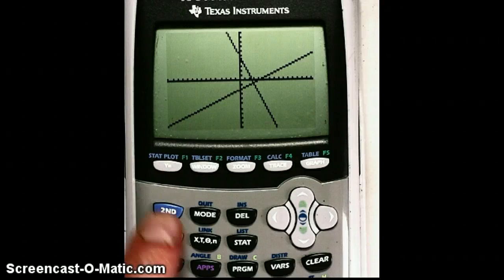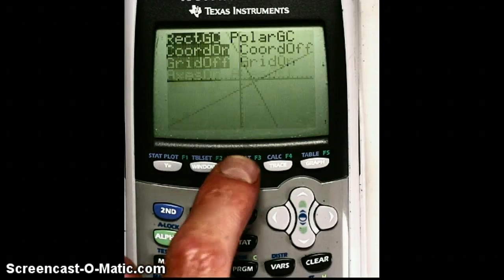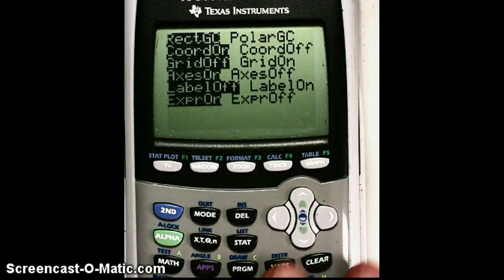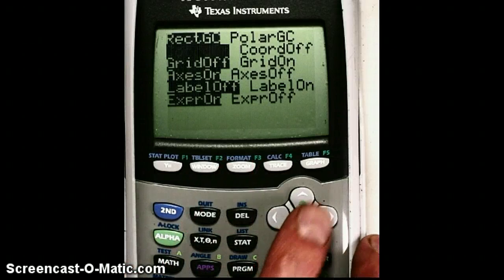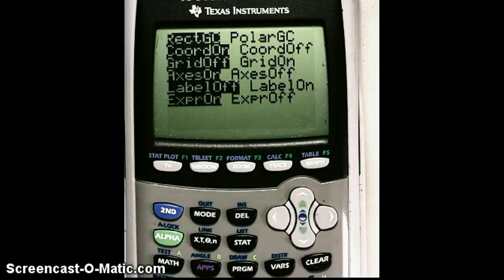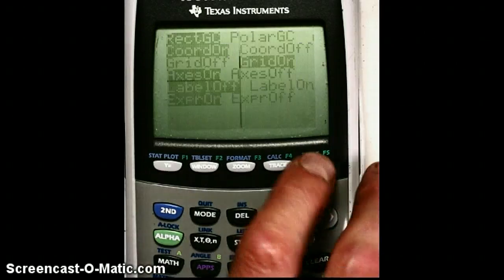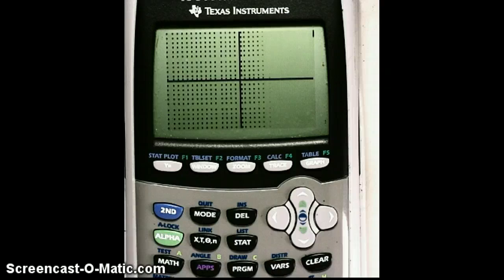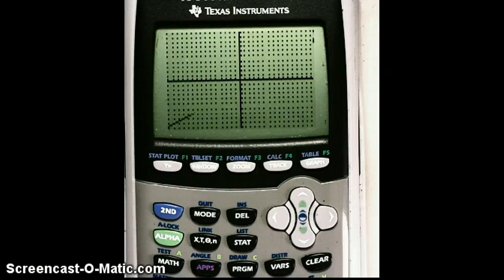All right, what else do I want to say? If you look at your format, go to Format, there are some things that you want to maybe know. This is where you could turn your coordinates off. This is turning the grid on. Okay, let me show you that. All right, so here I have what is trying to be a clearer version of your coordinate plane with the grid on.